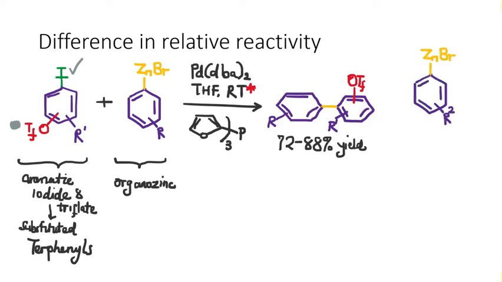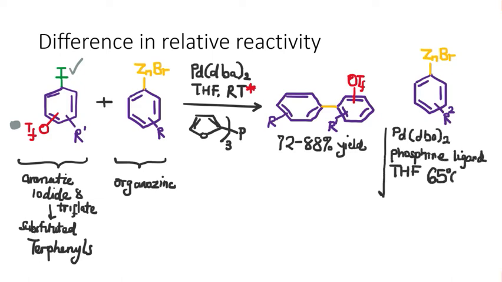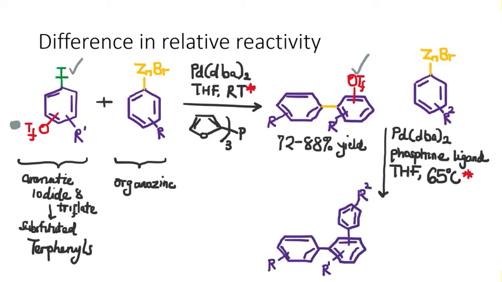Then if you perform this reaction again, but this time we increase the temperature to around 65 degrees Celsius, this actually favors the triflate region that is going to be performing the oxidative addition. Therefore, in this case, we will generate our 3 rings attached to each other with 2 sigma bonds in there, and this increases the yield slightly to between 74 to 89%.